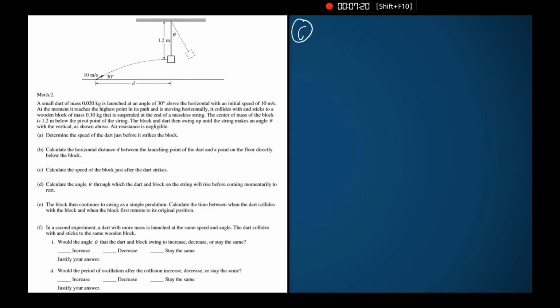We're going to keep going for speed of the block, and then we swap over to physics. So what do I need in order to figure out the speed of the block just after the dart strikes? Conservation of momentum. So momentum before must equal momentum after.